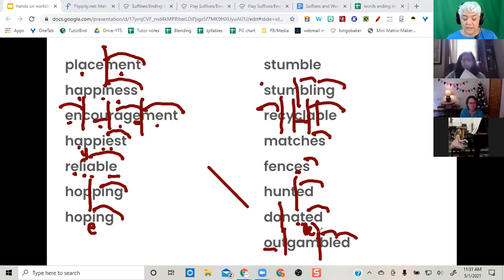The sound is D. What's the sound of the BL? Bull, bold. That syllable actually has no vowel sound. Gam, bold. It's a consonant L with an ED added that does not have a vowel sound. So that's a syllable without a vowel sound. It has a vowel letter in there.